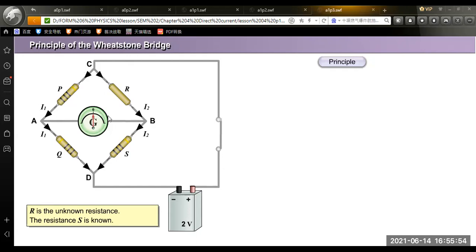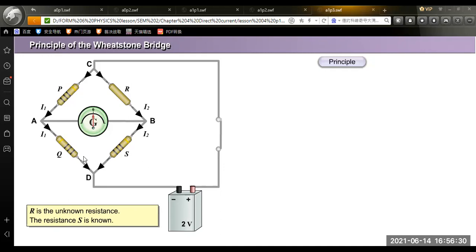PQ is parallel with RS. Now, the current flowing through P and Q is I1. The current flowing through R and S is I2. R is the unknown resistance.